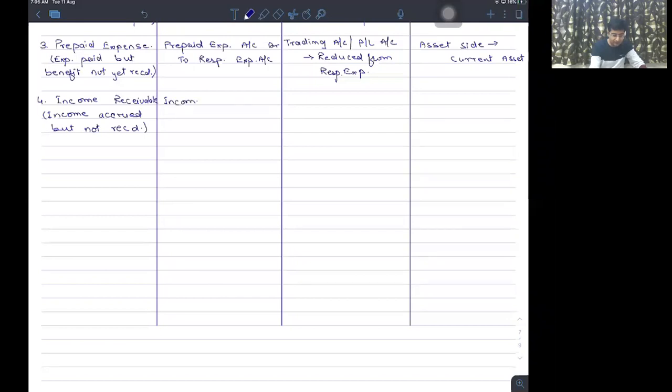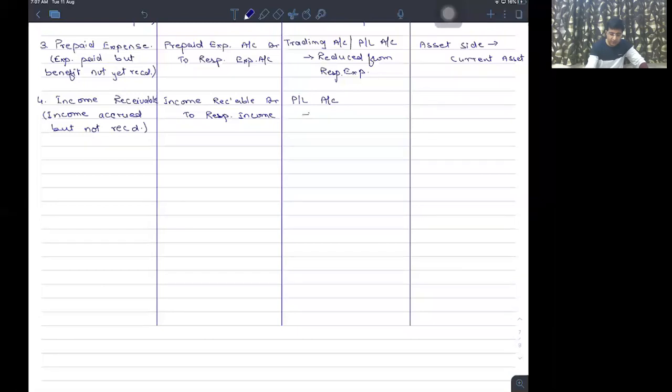Income receivable, debit, to respective income account. All right. And then where will it appear? In the profit and loss account, maybe the trading account also, not a big problem.